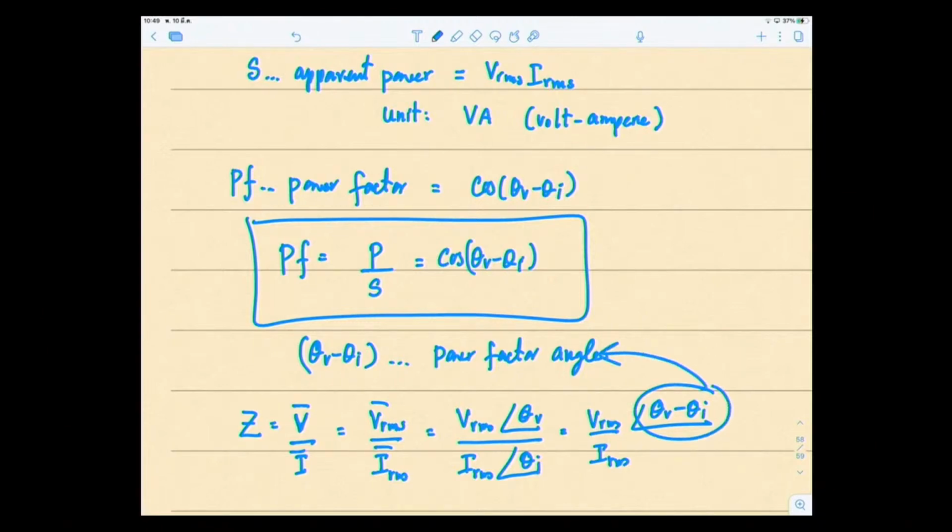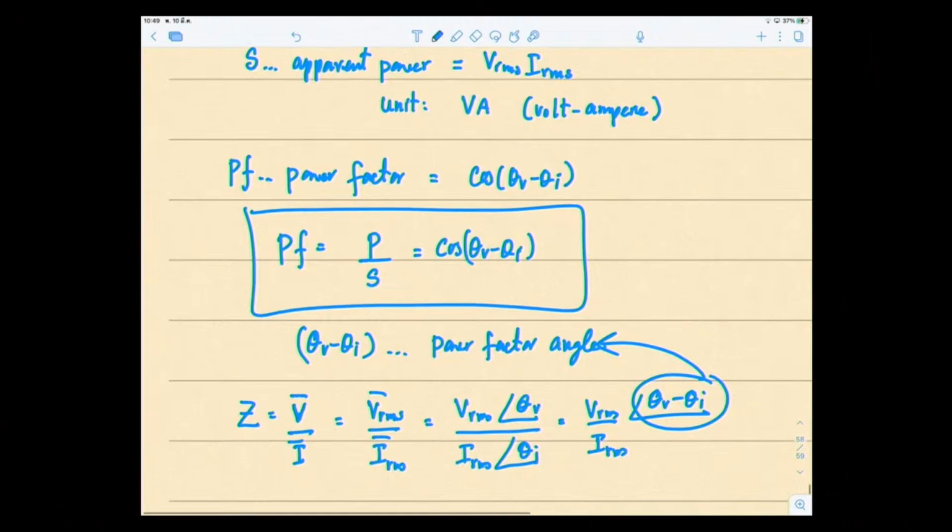So it's very interesting to observe that the power factor is the cosine of the phase difference between the voltage and current of your load impedance, and it's also the angle of your load impedance.